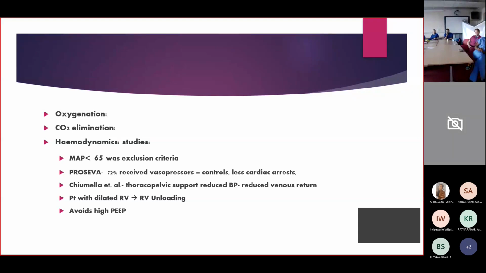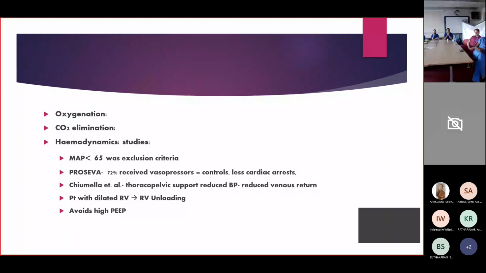According to the APRONET study, which was one of the earlier studies, most studies have considered a MAP of less than 65 as an exclusion criterion for proning. Even the PROSEVA trial has excluded people with a MAP of less than 65. But such patients have also shown a benefit in their oxygenation during proning.